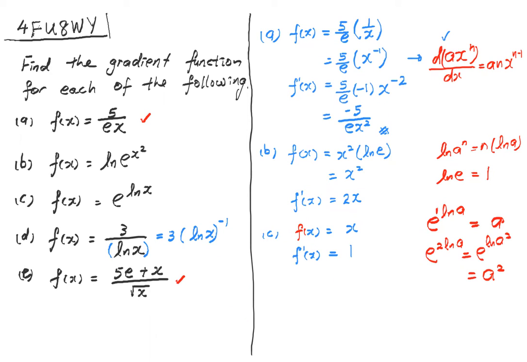Okay, for part E, we need to try not to use the method of bringing up the bottom. Because if you want to bring up the bottom, your habit is very important. Whenever the numerator or the denominator has more than one term, we should bracket it. Are you clear?